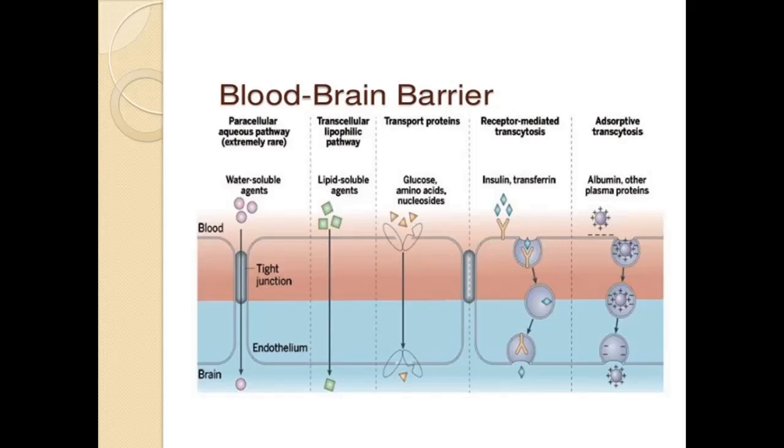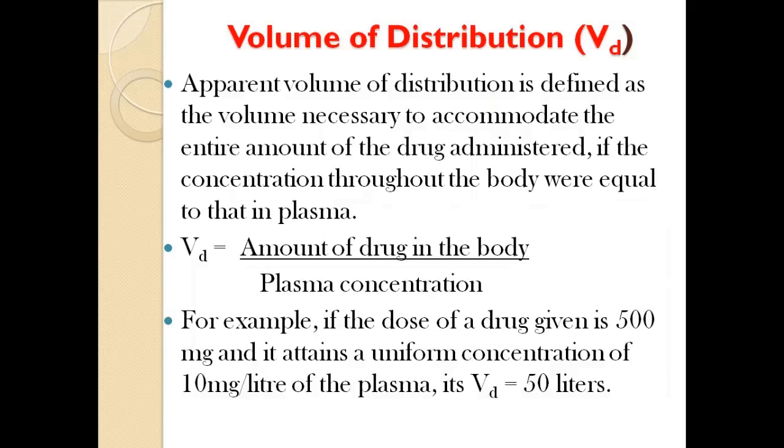So these are the various factors which affect the distribution of the drug. Now we also need to know about the volume of distribution. The apparent volume of distribution is defined as the volume necessary to accommodate the entire amount of the drug administered.